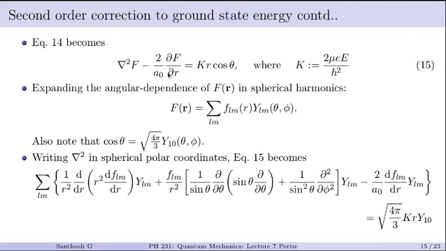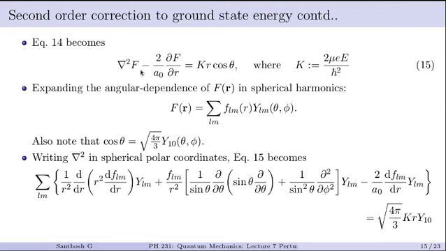Okay, now this is an expression written in spherical polar coordinates, so we have to express this del square also in terms of the spherical polar coordinates. We immediately see that we can separate this into radial and angular coordinates, since this del square Laplacian is separable in spherical polar coordinates, and we have the spherical harmonics as a complete set of functions to expand in the angular coordinates.